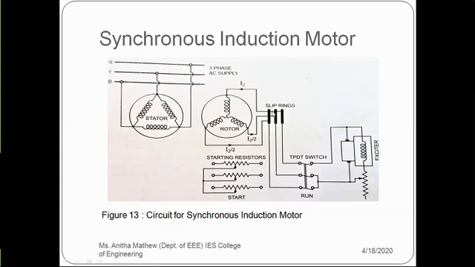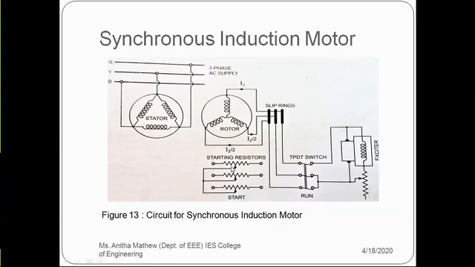There are slip rings, and from the slip rings, the rotor is connected to the starting resistors at the starting time and to the exciter when it is in the normal running condition. That means at the starting time, in order to reduce the high starting current, we connect this TPDT switch to the starting resistors.